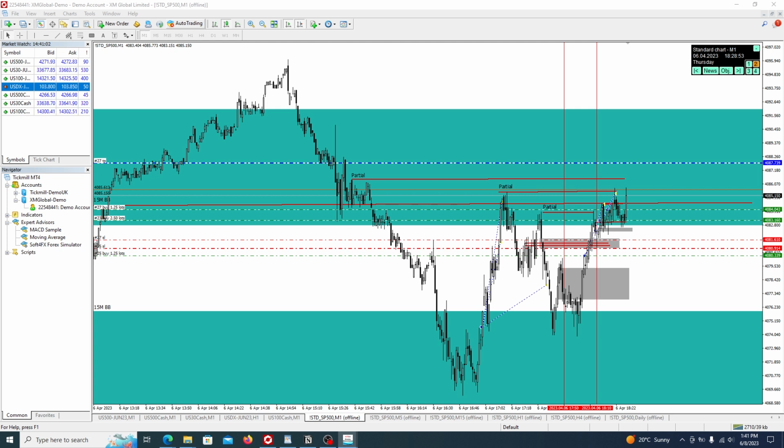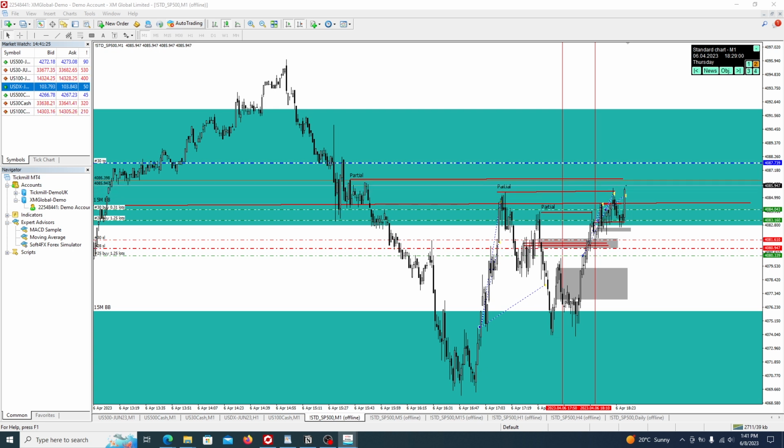Let's go ahead and take partials. You pay yourself for sitting through all of this choppiness and this consolidation. You have to pay yourself something. So there we go. Profits have been banked, made. Now I want to see expansion above into these levels.